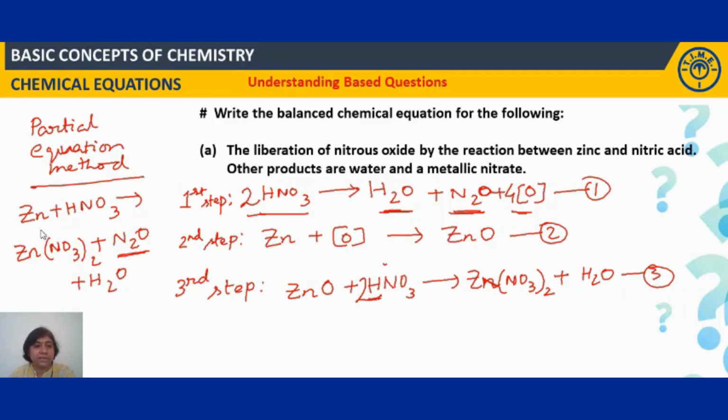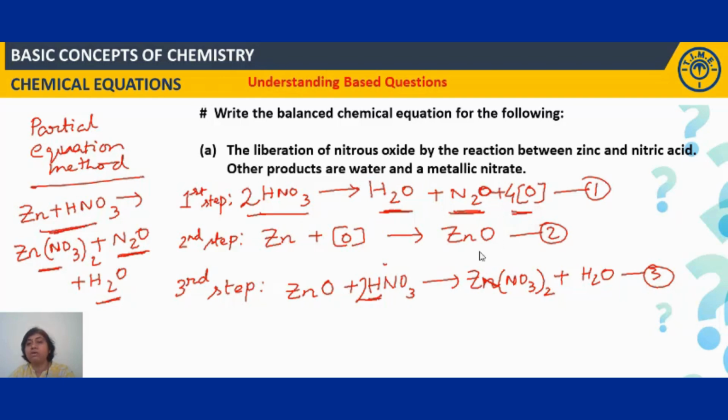Look at the reaction Zn plus HNO3 gives rise to Zn(NO3)2 plus N2O plus H2O. So these three are the products. Final products are these three: zinc nitrate, nitrous oxide and water. Anything which is an intermediate product, not there in the final products, but observed in the partial reactions, must get cancelled. So let's see the first step.